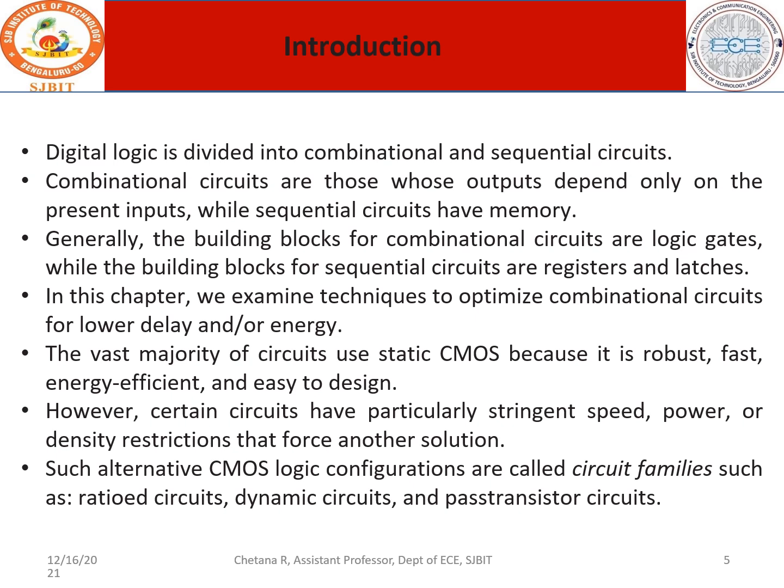However, certain circuits have particularly stringent speed, power or density restrictions that force another solution. So CMOS is dominantly used, but still there are some flaws with respect to speed, power or density. Therefore, we have to go for an alternate solution, and that is called circuit families.